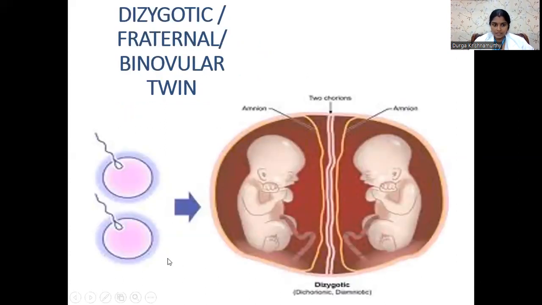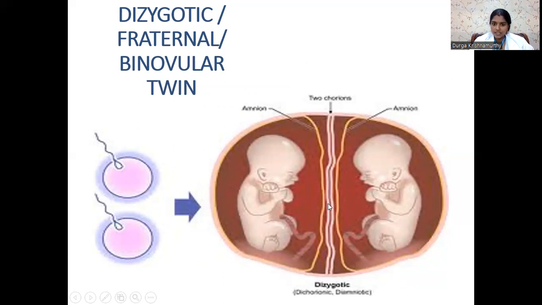As you see in this picture, there are two ova, two sperms, and two babies, with two separate placentas here. Here is one placenta, here is one placenta, and two amniotic membranes, and you have the inter-dividing membranes here.